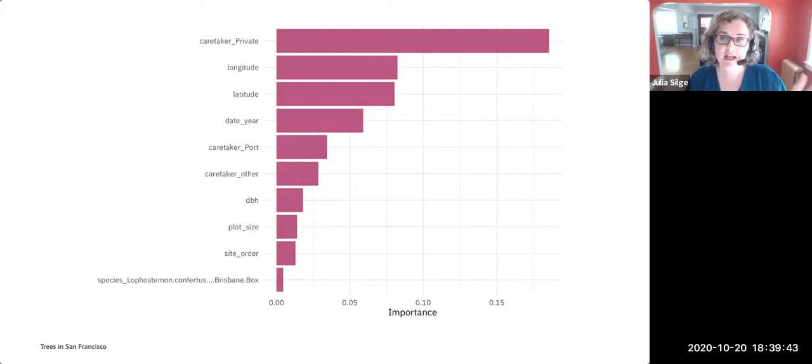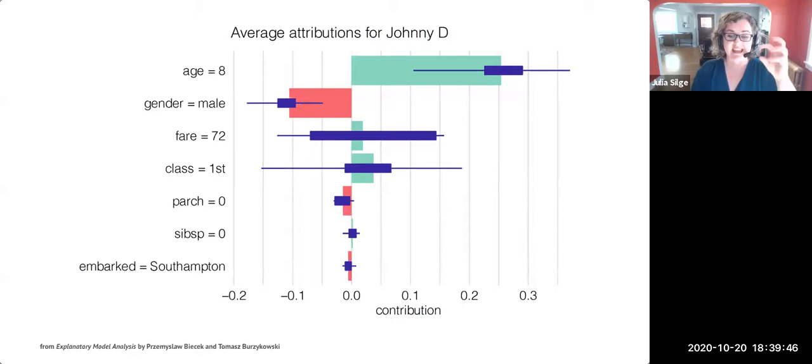The other kind of model explanations are at the individual observation level. This is also called local feature importance. So there's multiple ways to do this. This particular plot shows an example of a Shapley additive explanation for a passenger on the Titanic, and a model predicting whether or not he individually would survive, where the Shapley value is the average contribution of a feature to the prediction in different combinations or coalitions for the model.